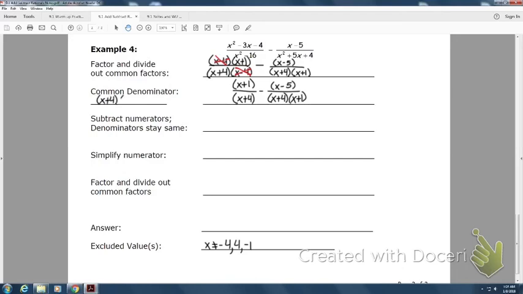Make sure that you're trying to apply this common denominator to the problem. So I need to apply the common denominator. The second fraction is fine. The first fraction would need to be multiplied by x plus 1 over x plus 1.